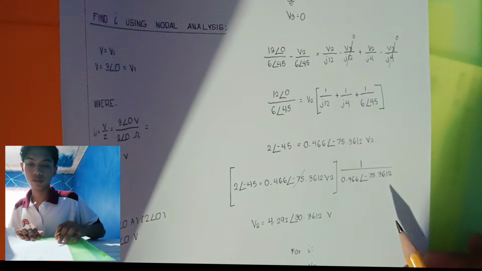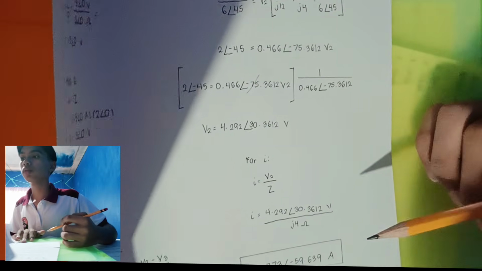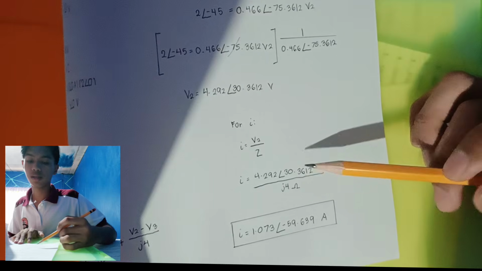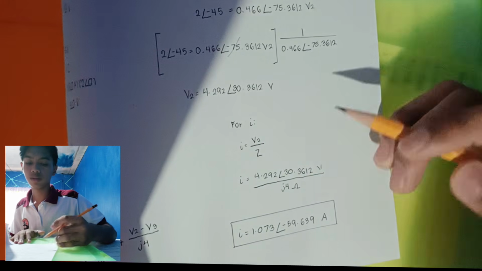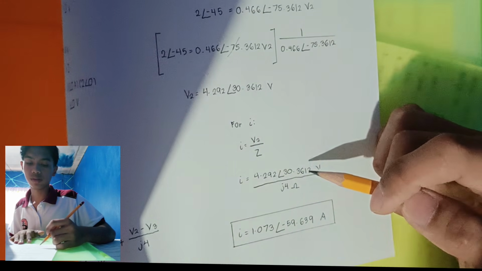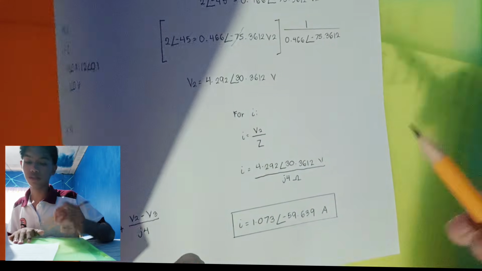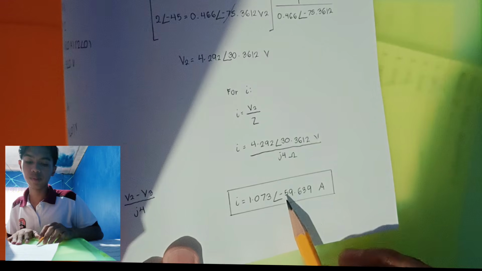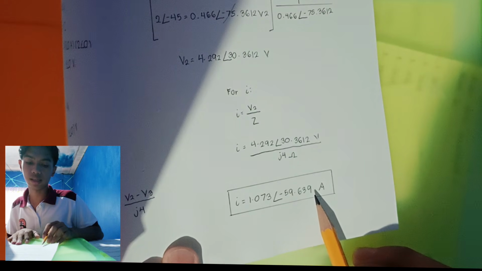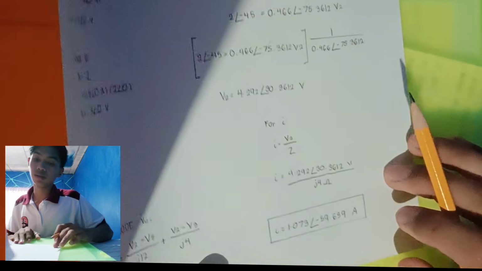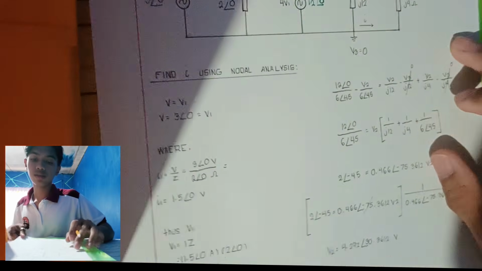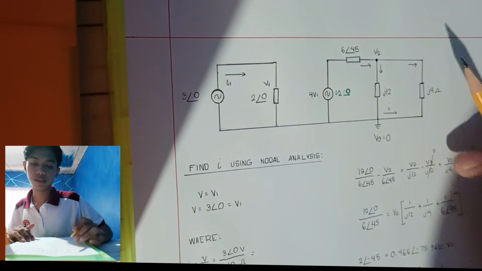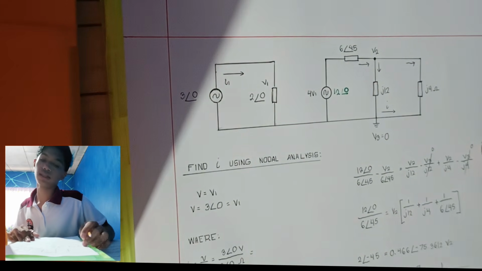We just plug in the values: 4.292 angle 30.3612 volts over j4 ohms. So the value for I now is equal to 1.073 angle negative 59.639 amperes. So it is just a simple sample problem for AC circuits using nodal analysis.